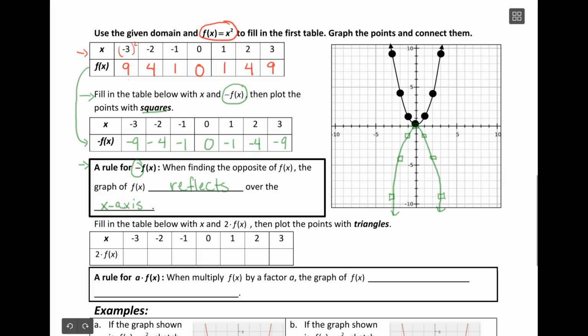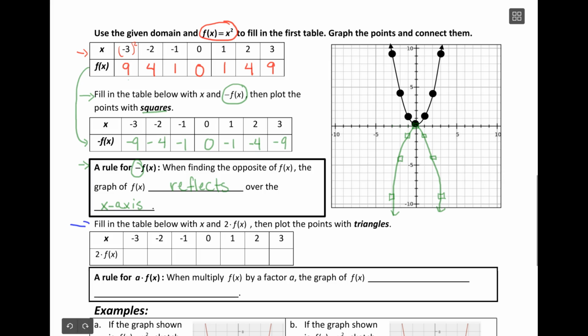So the x-axis is right here, and we can see that it's reflected, it's almost folded in half right over that axis. And that will happen every time we multiply by -1 or make our function negative, the opposite of what it was before.